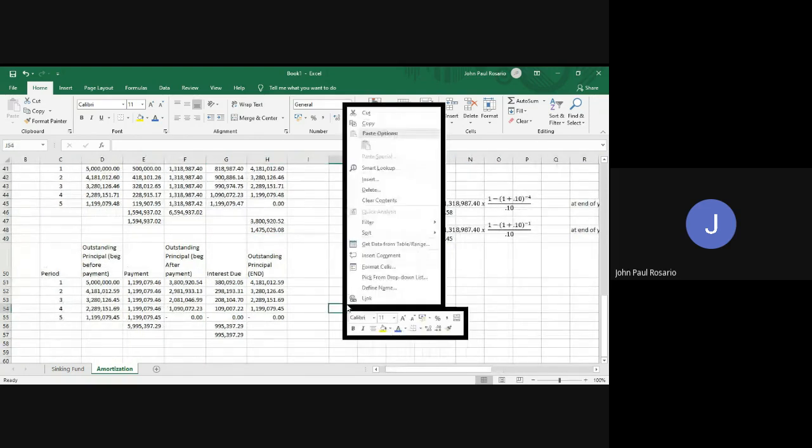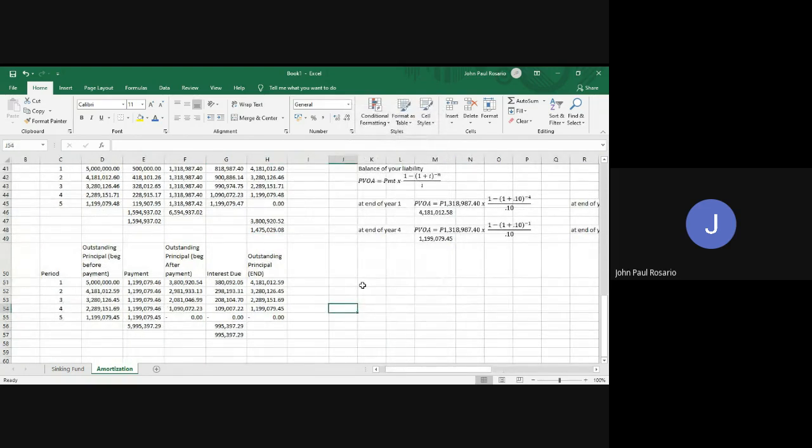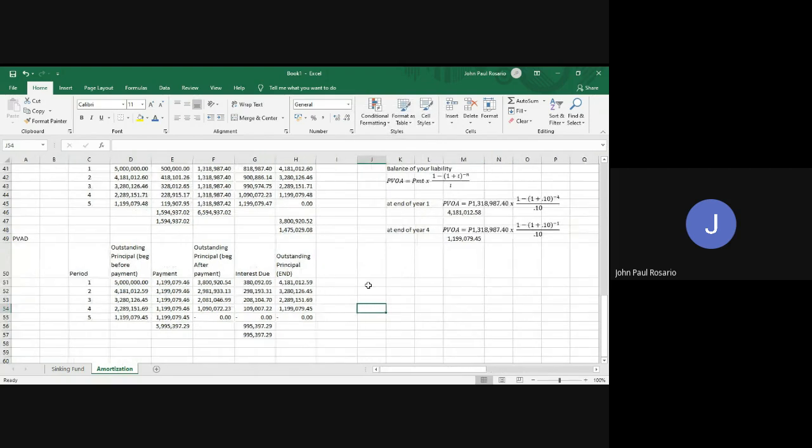Now, the question is what happens if the present value of annuity due is the given value. Since we are computing the balance of liability, we still use the formula, at the end of the first year.